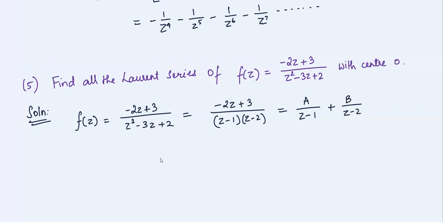So find a and b. How will you find? 2z plus 3 is equal to a times z minus 2 plus b times z minus 1. When I bring this to a common denominator, I get a times z minus 2 plus b times z minus 1. That should be equal to the numerator. So put z equal to 1.